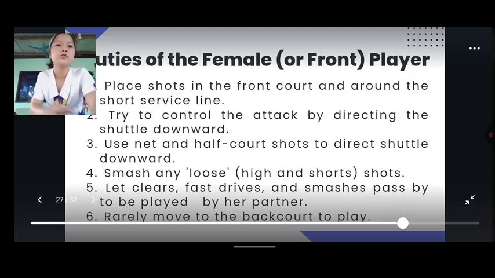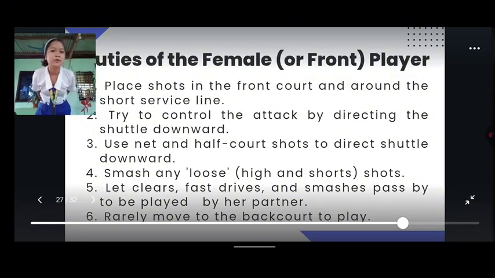Try to control the attack by directing the shuttle downward. Use net and half-court shots to direct the shuttle downward.